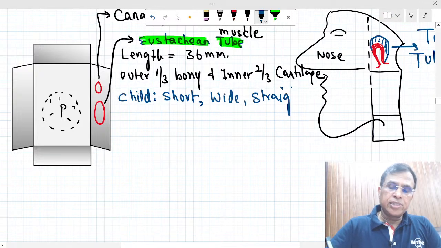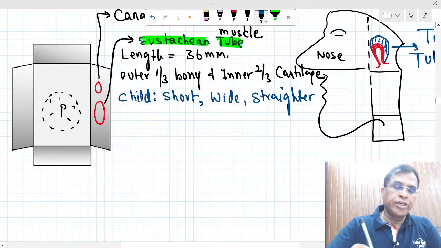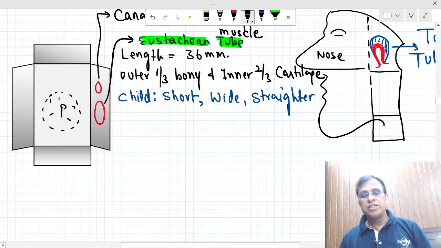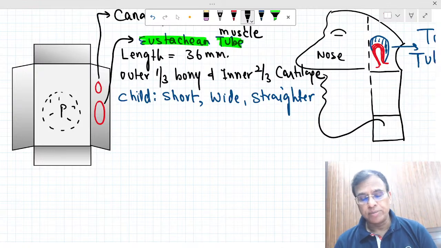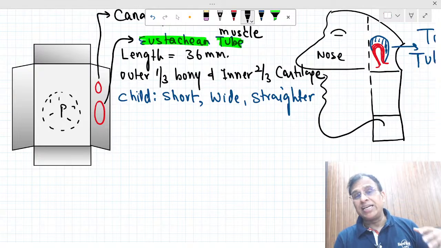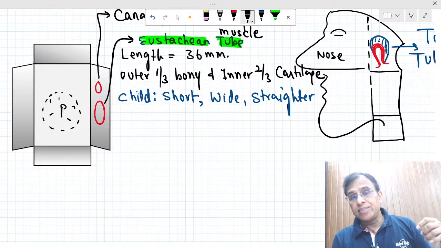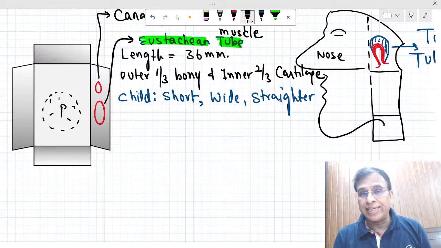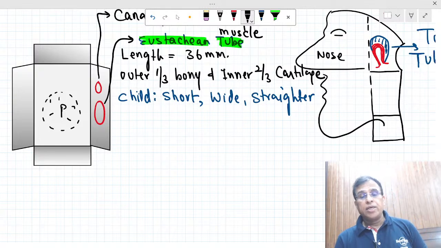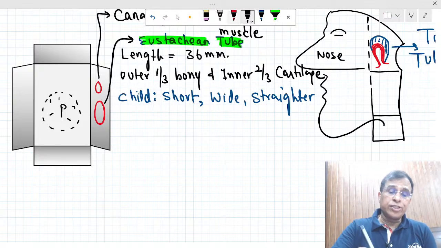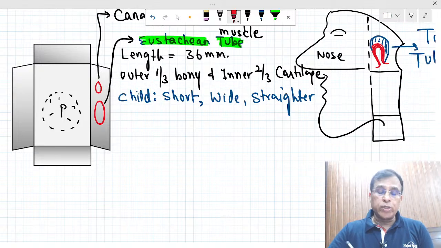The third point is the most important point, the fact that the eustachian tube of a child is straighter as compared to adult. Straighter means it is less horizontal. In adult, the eustachian tube is inclined, and in children it is less inclined, more horizontal actually. So that's called straighter. And what is the significance of the child's tube being shorter, wider and straighter?